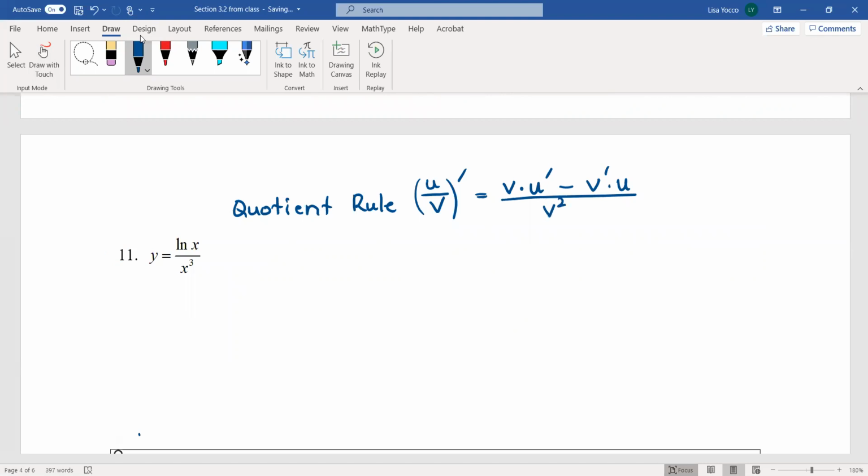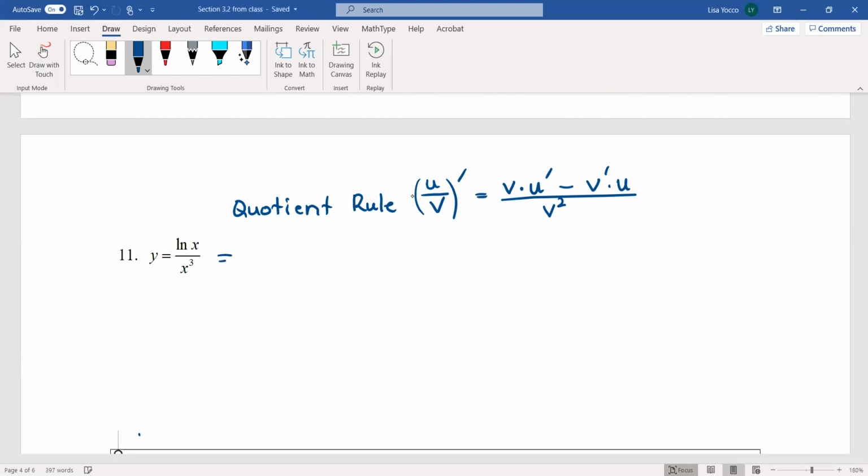So denominator times derivative of numerator minus numerator times derivative of denominator, all over the denominator squared. That's our quotient rule.